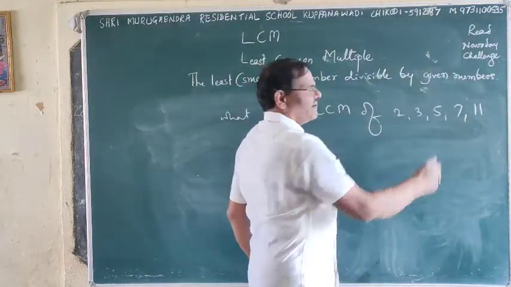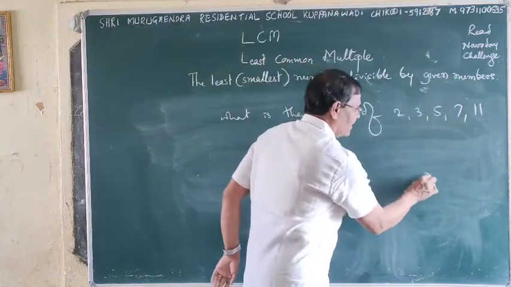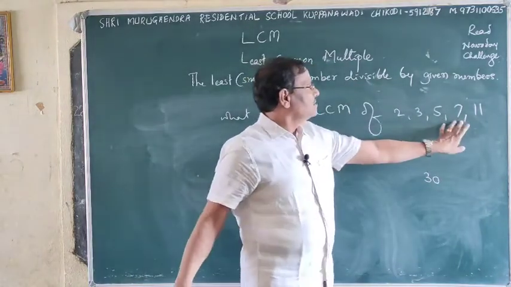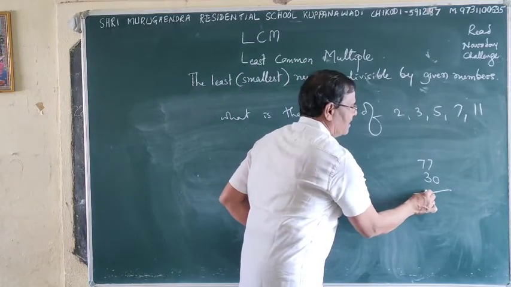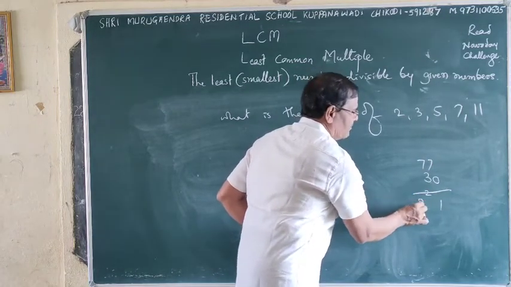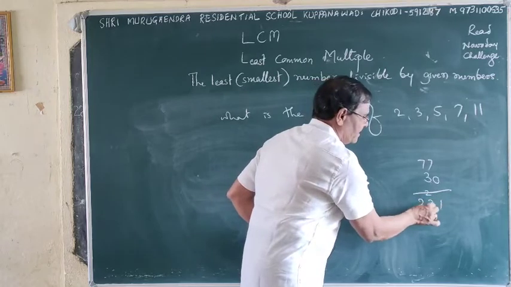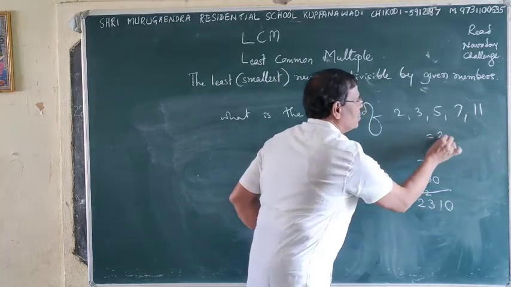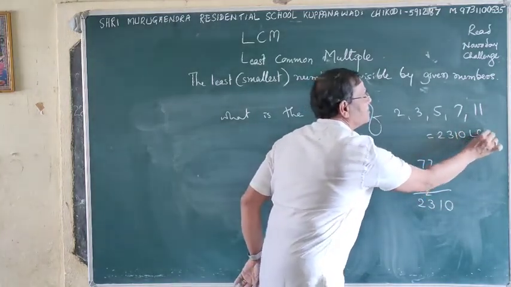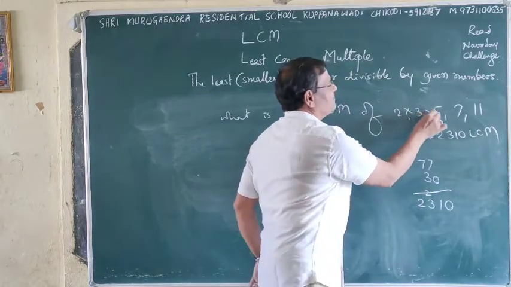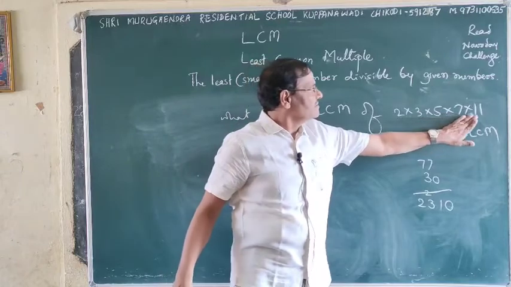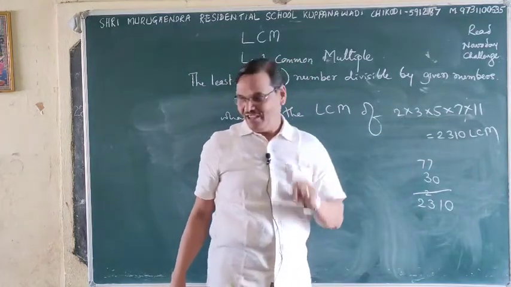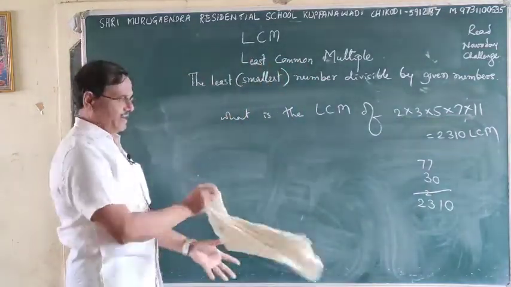Say 2 3s are 6, 5s are 30, 7 11s are 77, 3 7s are 21, 21 plus 2, 23, and 10. 2310 is the LCM of this. Simply multiply.